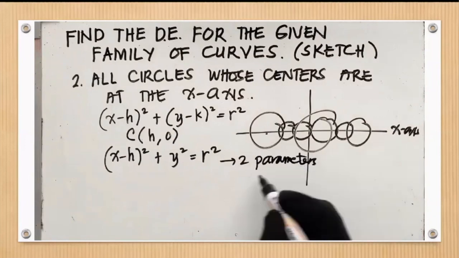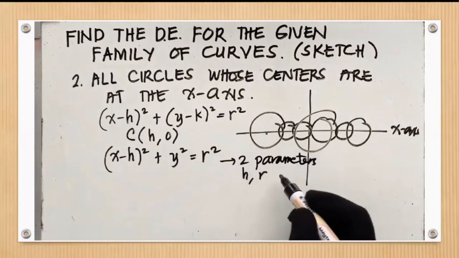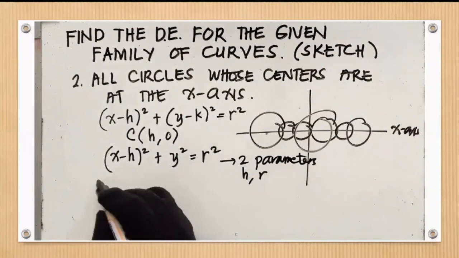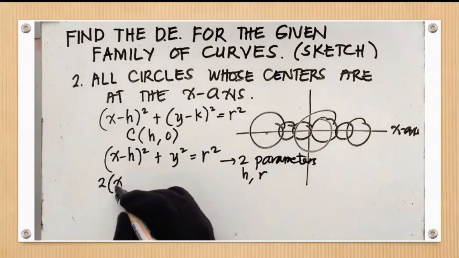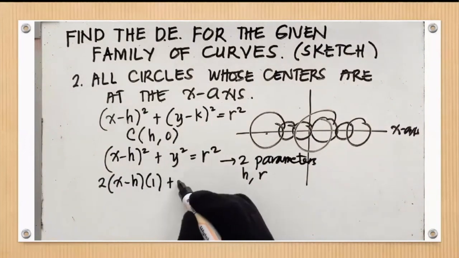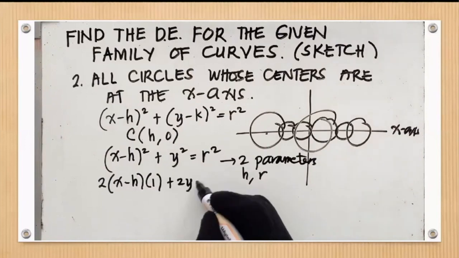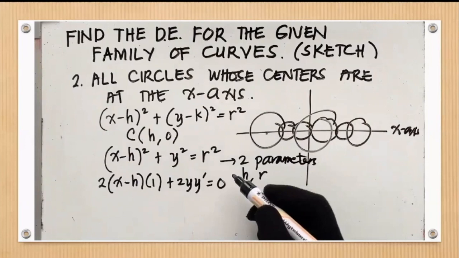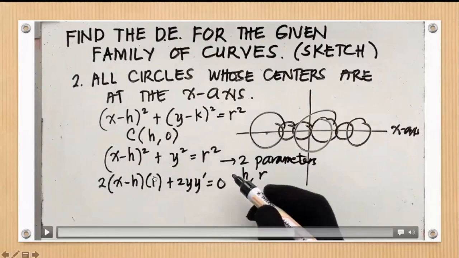H and r. So ano ibig sabihin nun? Mag-differentiate ako dalawang beses, para makuha ko yung differential equation nitong family of circles or all circles whose centers are at the x-axis. I have shown you here my result, the result of differentiating this equation.